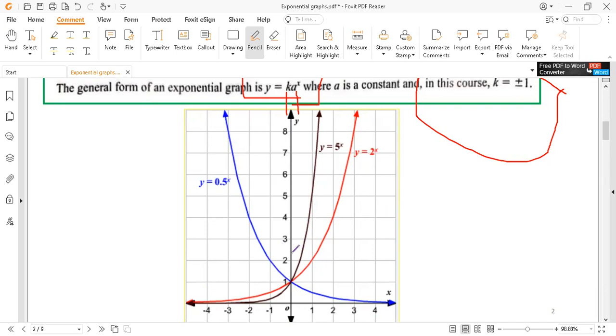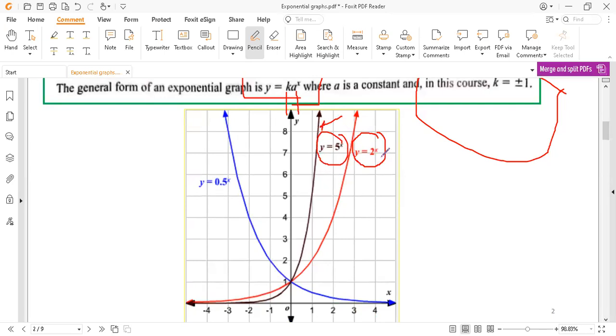We can remark it clearly from this graph. The red is the graph of the function y equal to 2 power x. The black one is the graph of the function y equal to 5 power x.